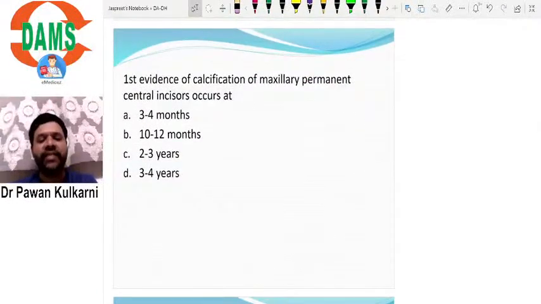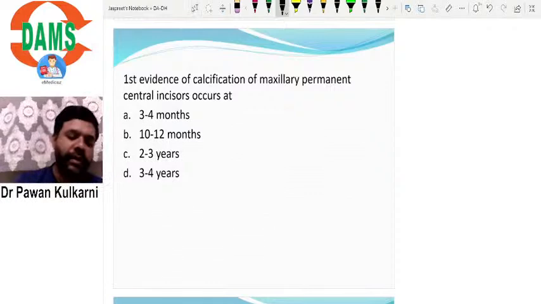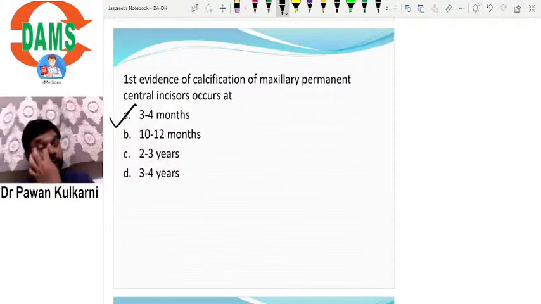First evidence of calcification of maxillary permanent central incisors occurs at, we know, usually the 3rd to 4th month. So this is again a simple memory based question. That's what I've told you. First evidence of calcification is also a very favorite topic. Initiation, first evidence of calcification.